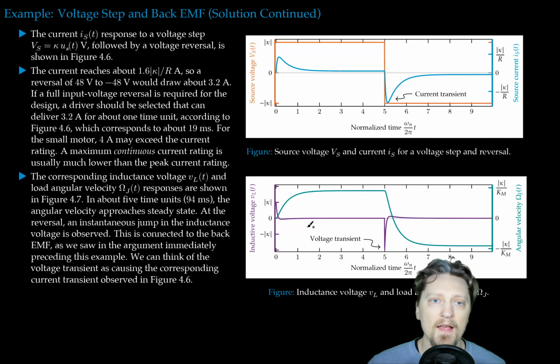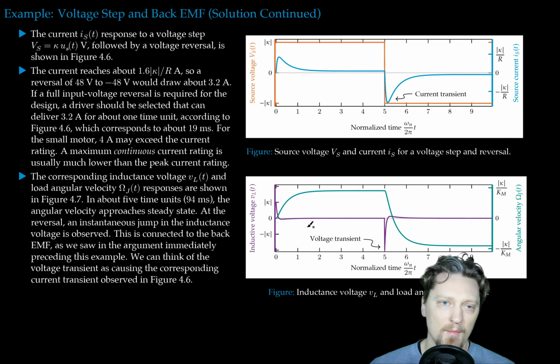Okay, the solution continued. The current Is response to a voltage step followed by a voltage reversal is shown in the upper figure here and in the lower figure below. These are just different quantities plotted for the same simulation. In the upper figure, we have the source voltage Vs and the source current Is plotted on the two vertical axes, orange being the source voltage and blue being the source current.